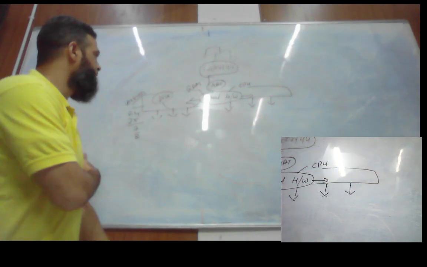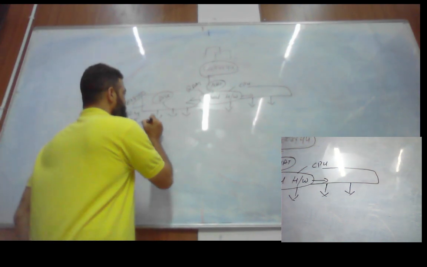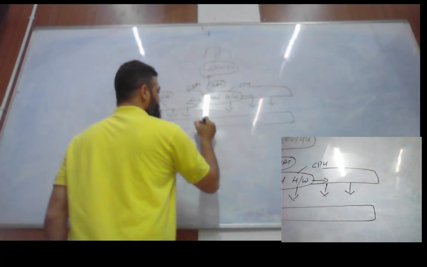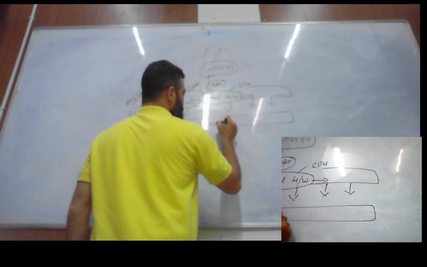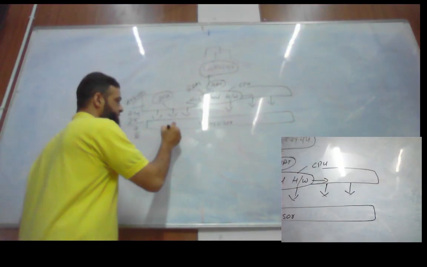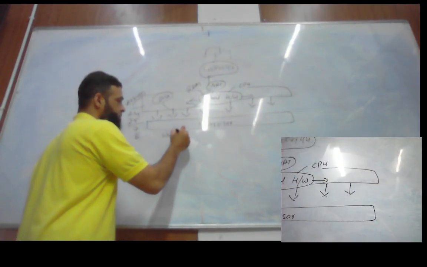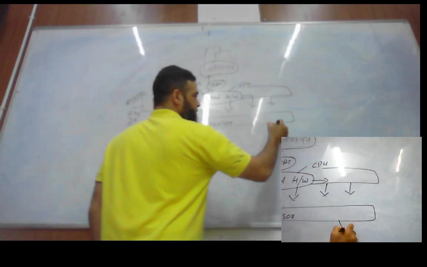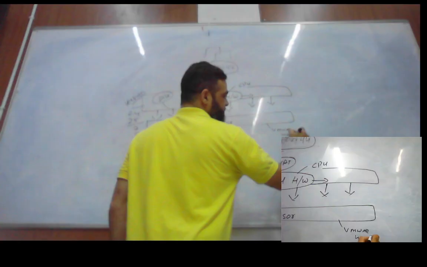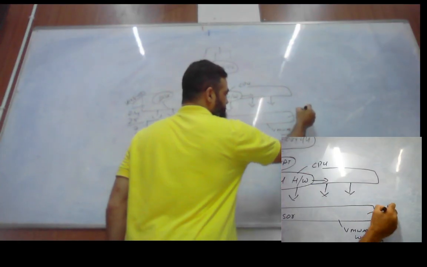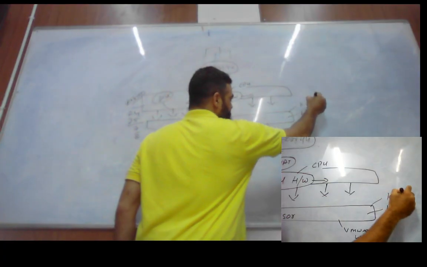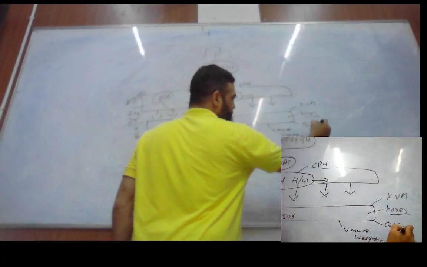Then after that, I will put it here, hypervisor. This is your hypervisor, which is doing all this. So either this is your VirtualBox or VMware Workstation, or you have other boxes also. In Linux you have Boxes, then KVM, QEMU.